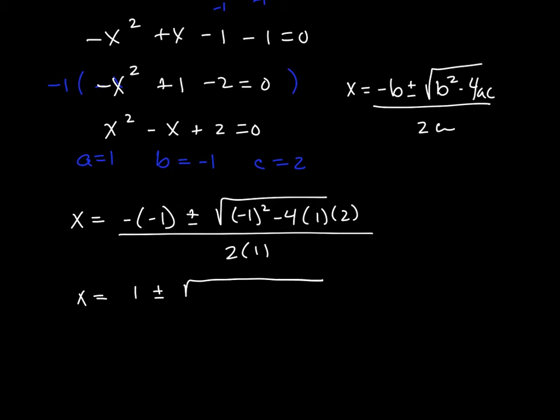Now, underneath here, remember to go through and do the order of operations. This is going to equal 1 minus 8. You have to do all of this together before you subtract, which gives you a -7 underneath the radical, all divided by 2. Now, this is important because this is an imaginary solution. That gives us i. That tells us there are no solutions to this system.